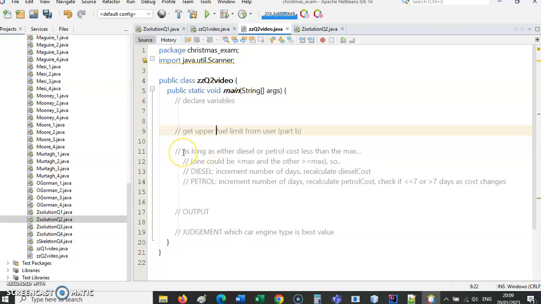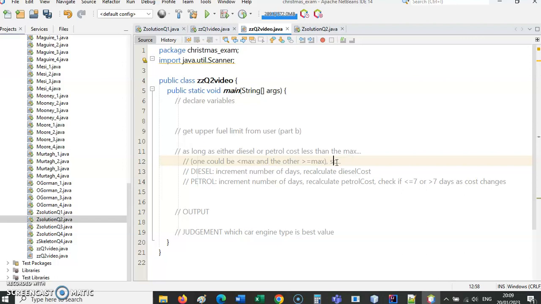So the repetition, the loop, is going to need to handle the following. As long as either diesel or petrol costs less than the max. Because the rates are different and the starting points are different, one of these fuels could be less than the max and the other could be greater at the same time, so we are going to need to check that.